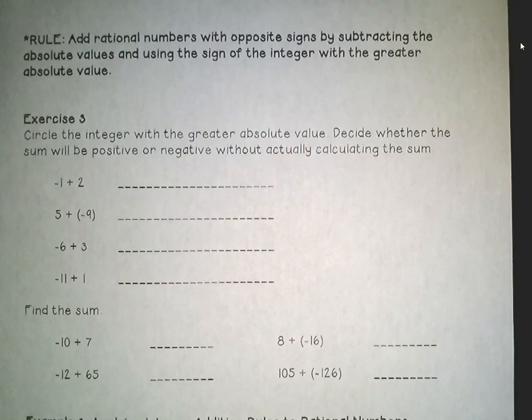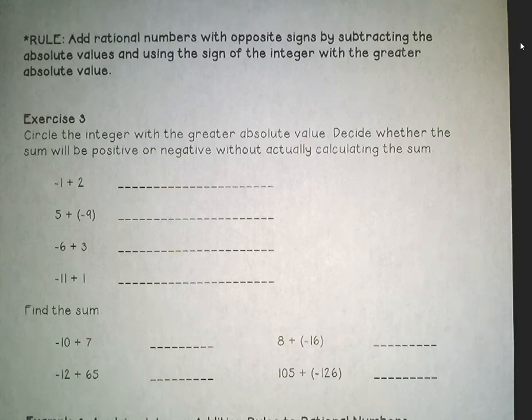Add rational numbers with opposite signs by subtracting the absolute values and using the sign of the integer with the greater absolute value. So to find the sum of two rational numbers, we are going to subtract the two numbers and keep the sign of the greater absolute value.